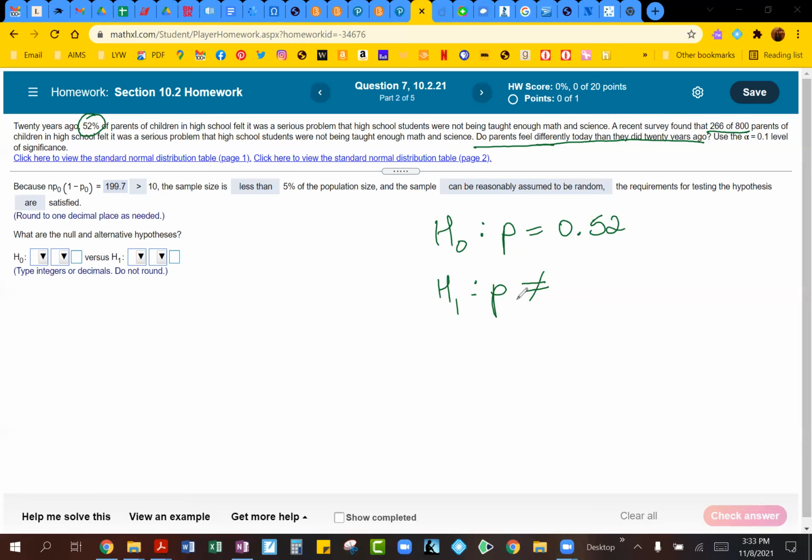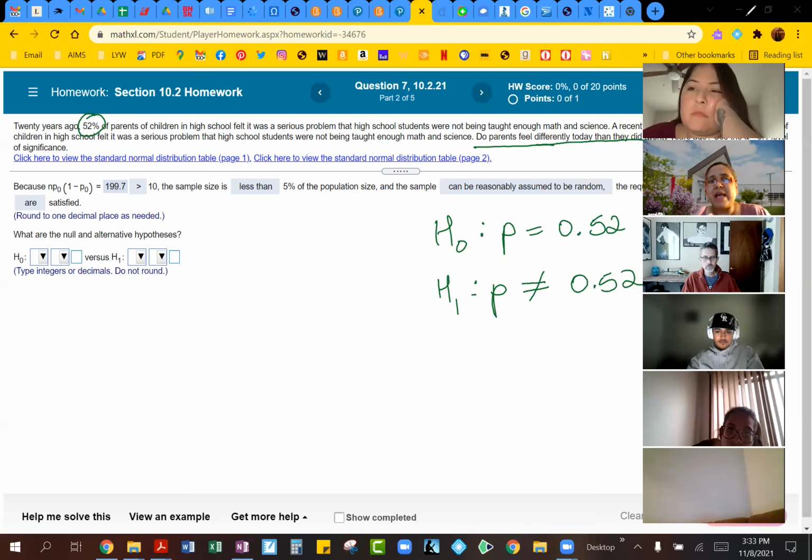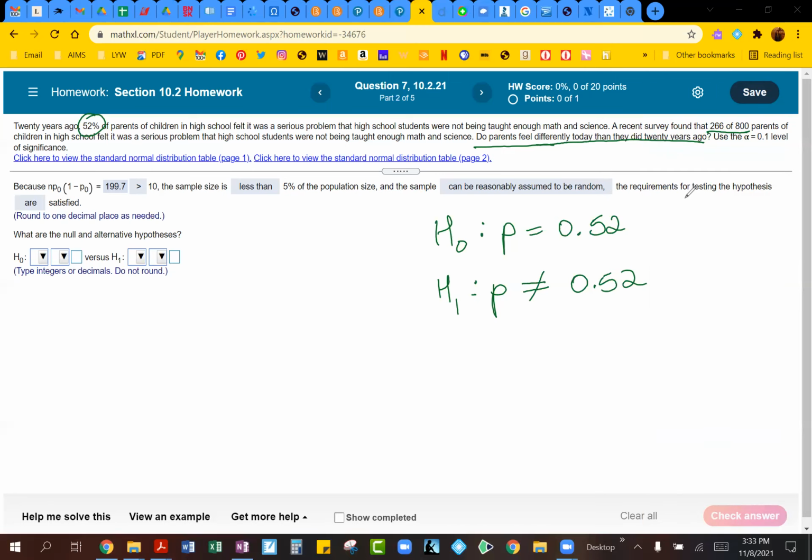The alternative hypothesis says your probability has changed from 52%. They were not asking whether the percentage has decreased or increased. They just said, do they feel differently? That's the reason why we're going with the not equal to. So those are going to be our null and alternative hypotheses.